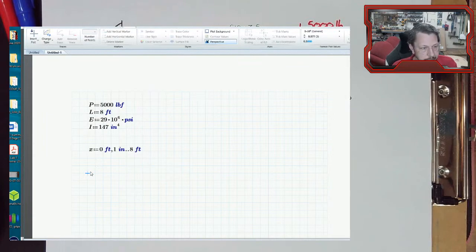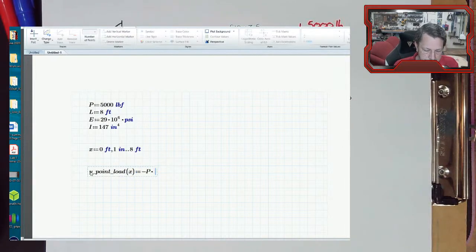So this is the equation for the point load. Y point load, Y of x, so it is a function of x, equals, technically it's negative, so we'll put our negative sign in there, P times L cubed over 3 times E times I.